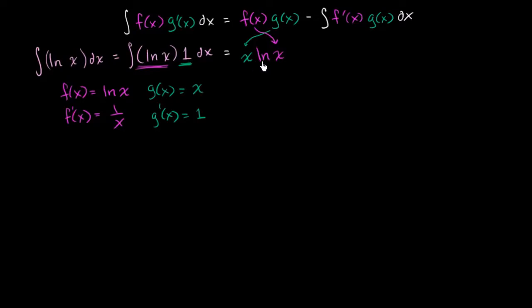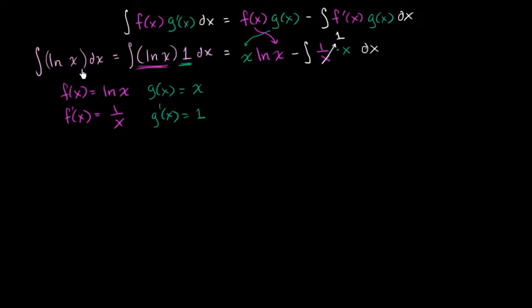So this is x natural log of x minus the antiderivative of f prime of x, which is 1 over x, times g of x, which is x, dx. Well, what's this going to be equal to? Well, what we have inside the integrand, this is just 1 over x times x, which is just equal to 1.